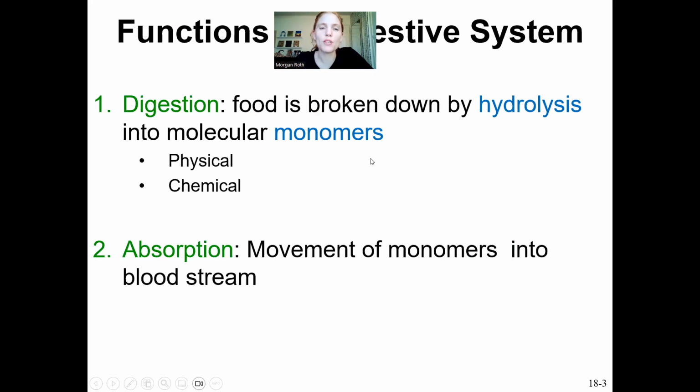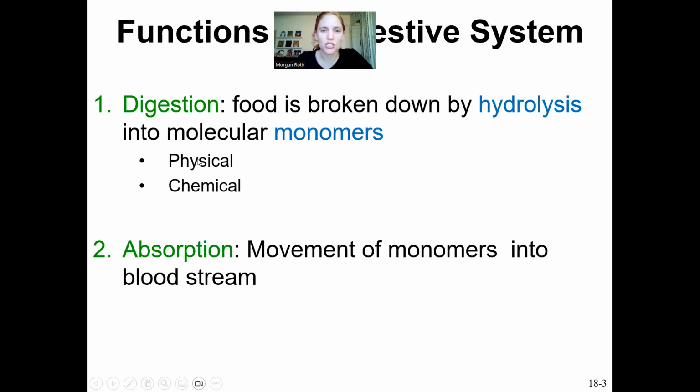So when we look at the digestive system, there are two major functions. The first is the one that we all remember, digestive system, to digest, to break things down. So we're going to take our macromolecules and digest them into their pieces, their monomers. As we do that, please think about the two different types of digestion. We have physical digestion and we have chemical digestion.